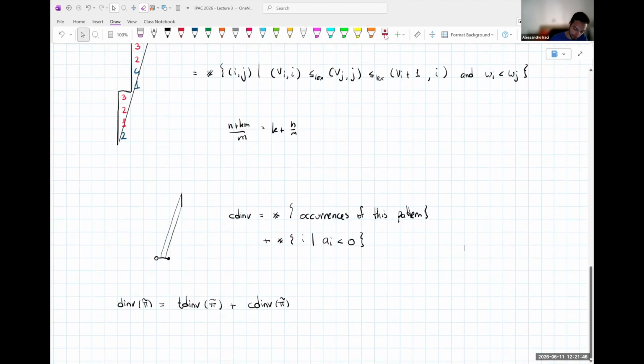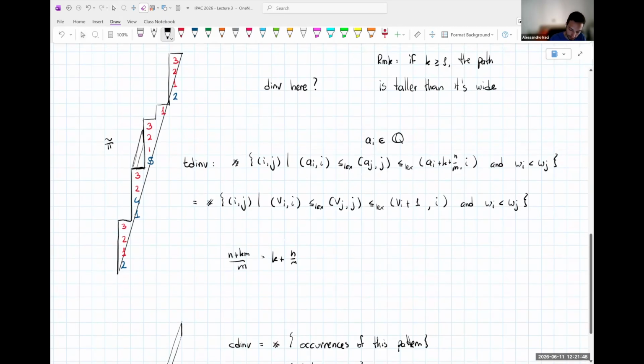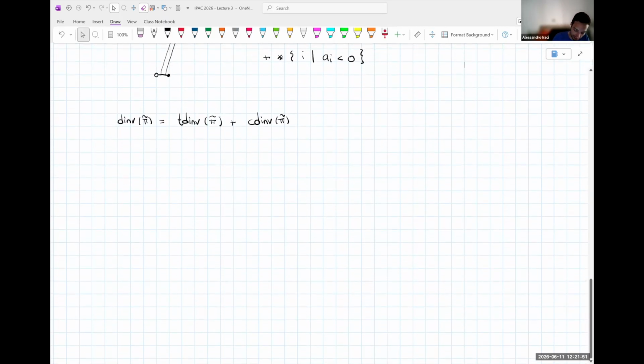And if we do another simplification again for sanity, let us call calligraphic V, which is horrible to write in pen and paper, that set of vertical small labeled steps of pi tilde.